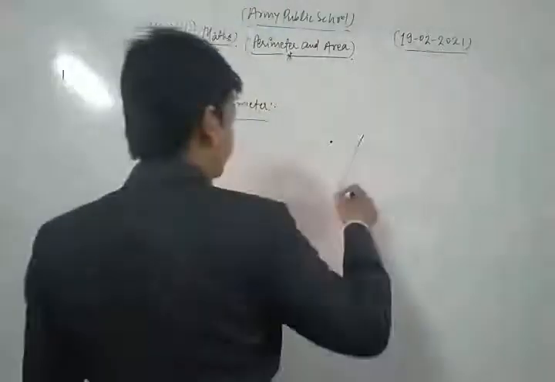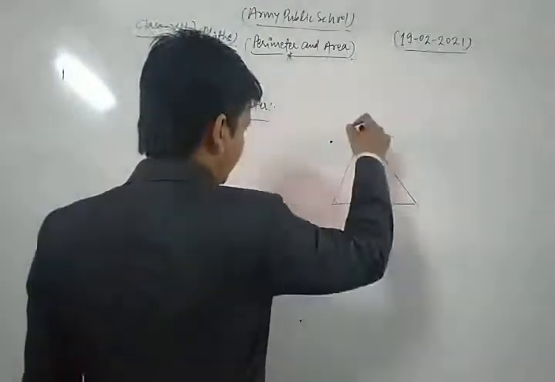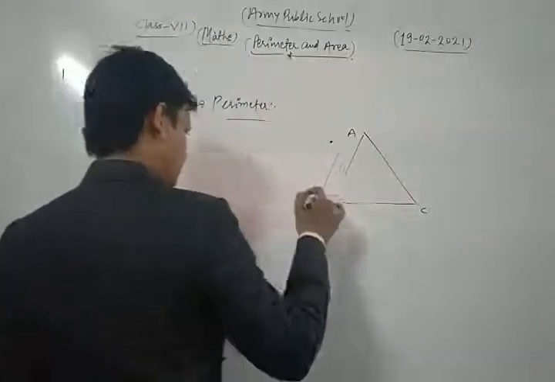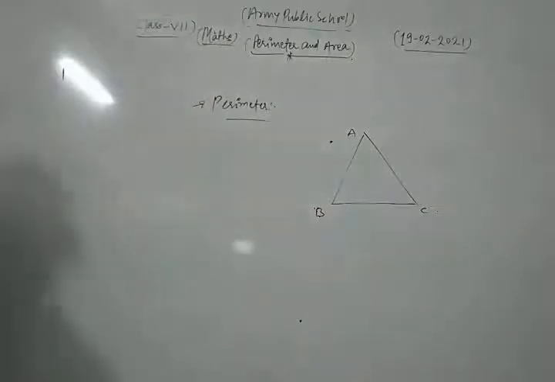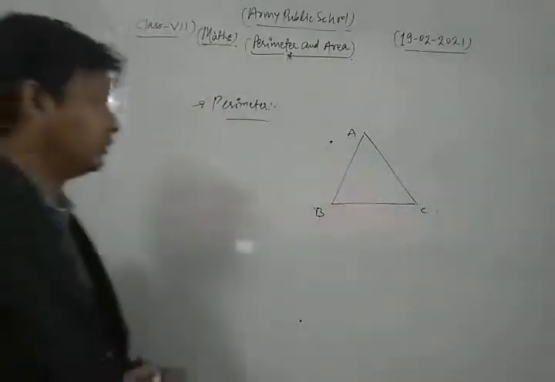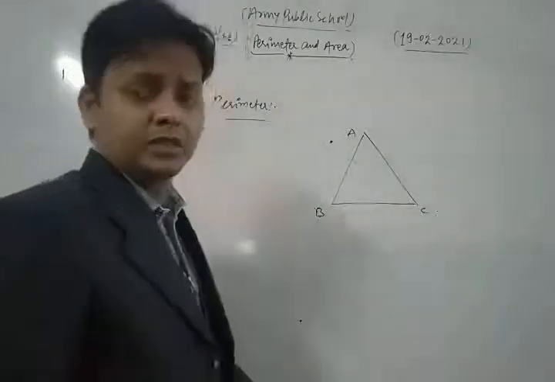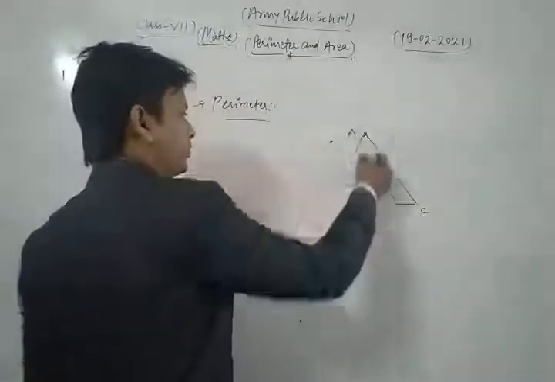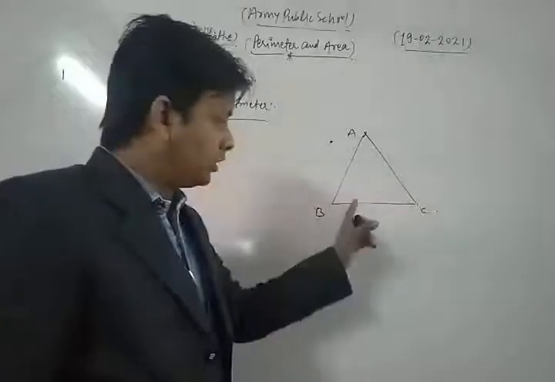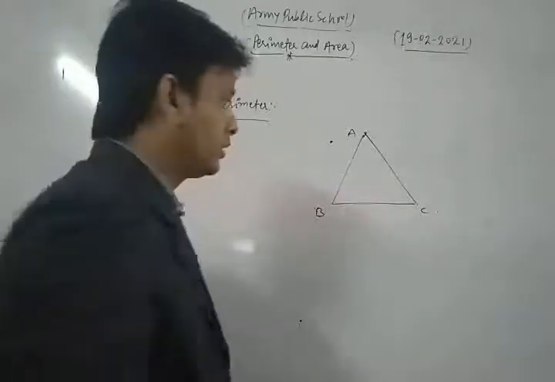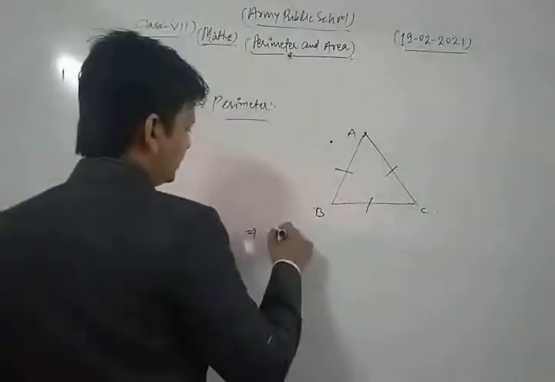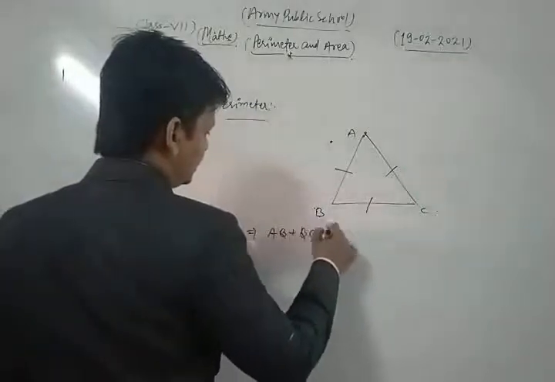That means, suppose we have a triangle ABC. For that triangle, what is the perimeter? It is the sum of all sides, meaning AB plus BC plus CA.